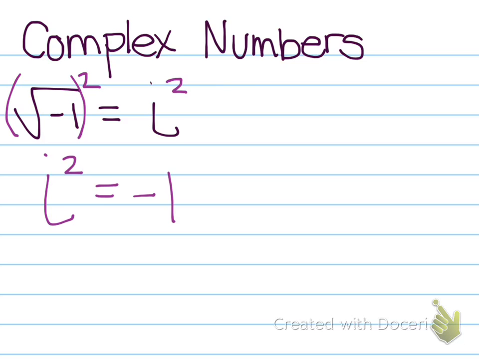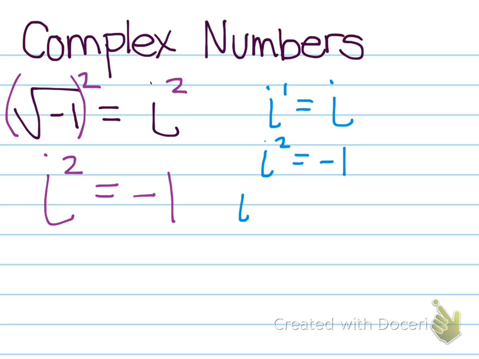If we know that i squared is -1, then let's backtrack once. That means i to the first power is i, because anything to the first power is the same number. So we know now that i squared equals -1.